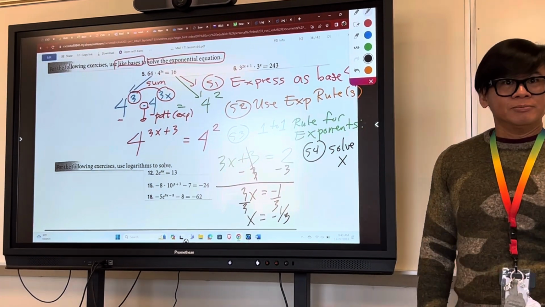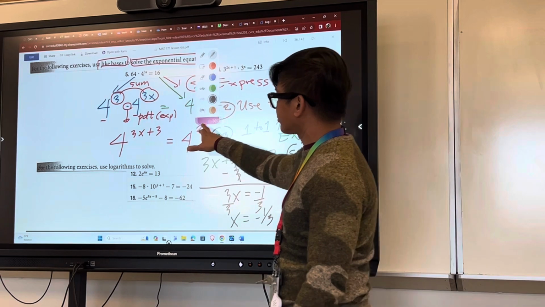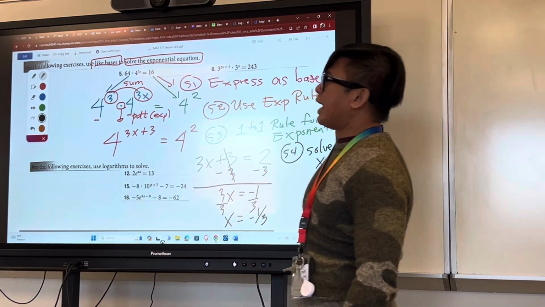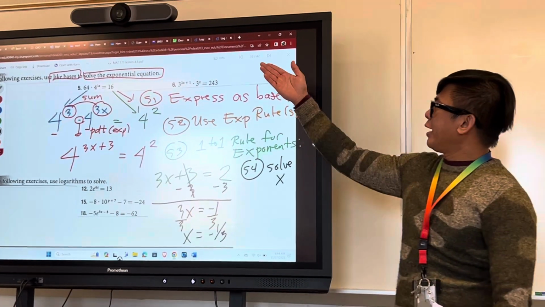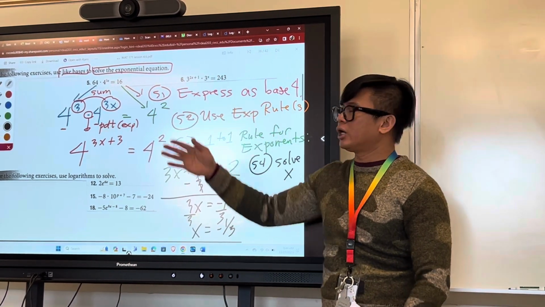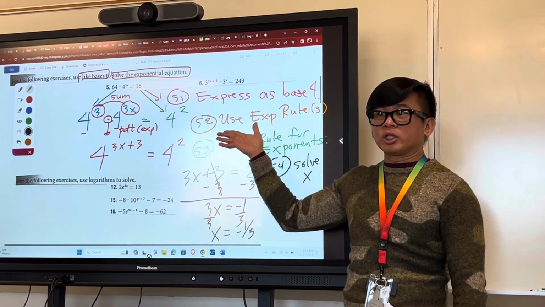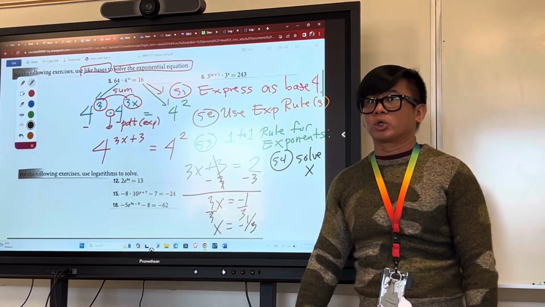Okay. So once again, this is our how-to for the like bases solution. Express everything with the same base. Next, use exponent rules. In this case, we used the product rule.